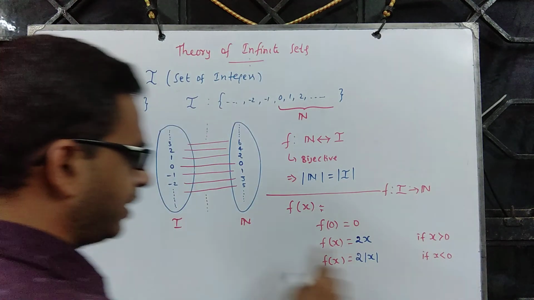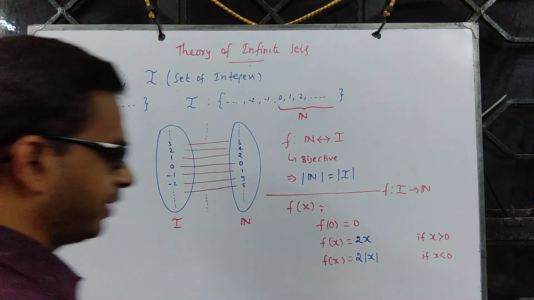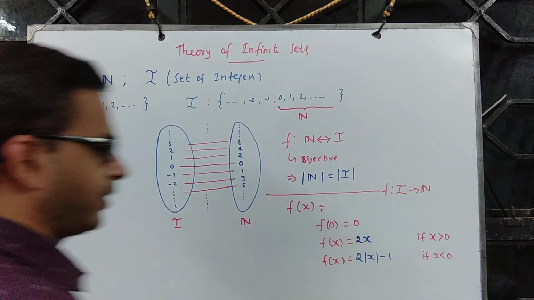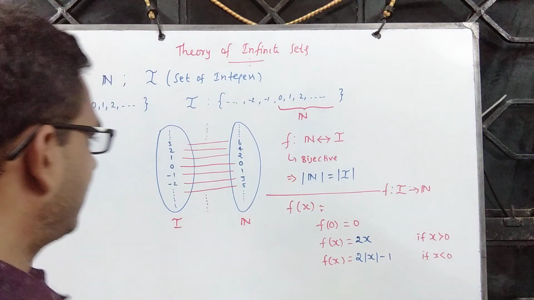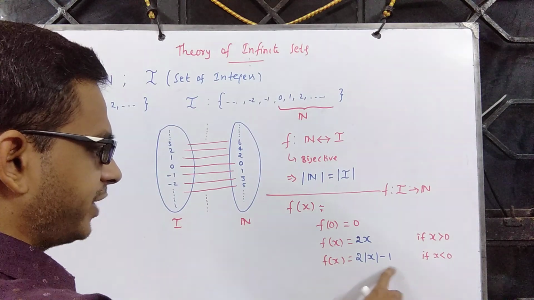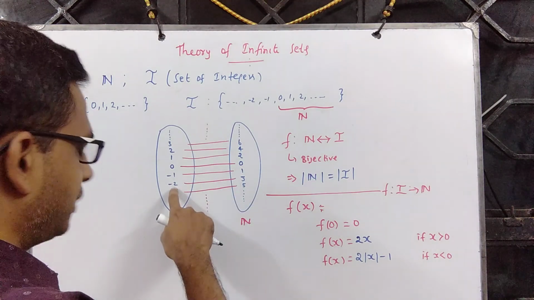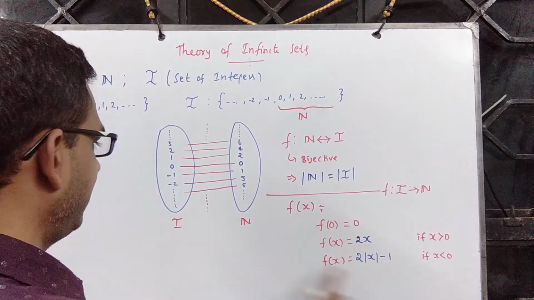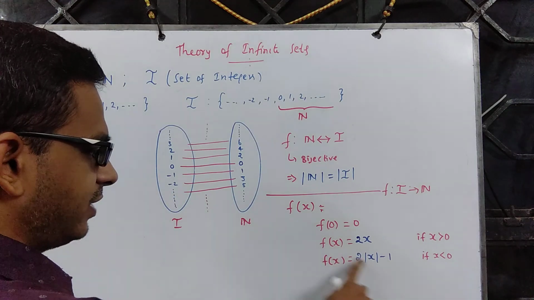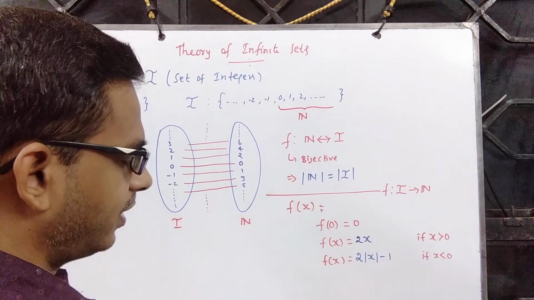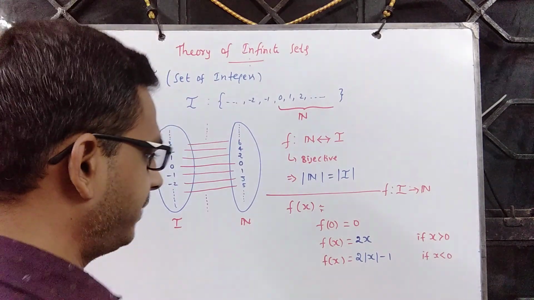When I use mod, you will only get the absolute value. So if it is minus 1, this will return 1, then it is 2 minus 1, 1. If it is minus 2, then this will return 2, 2 into 2, 4, 4 minus 1, 3. If it is minus 3, this will return 3, 6 minus 1, 5. And that's precisely the mapping.